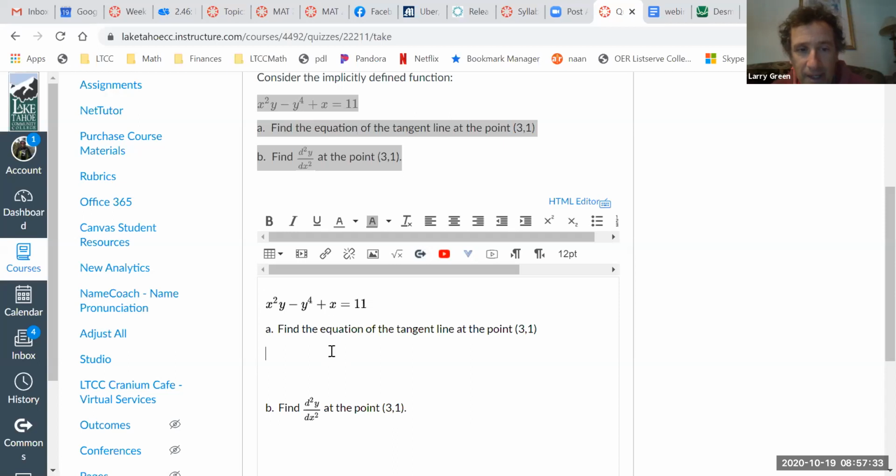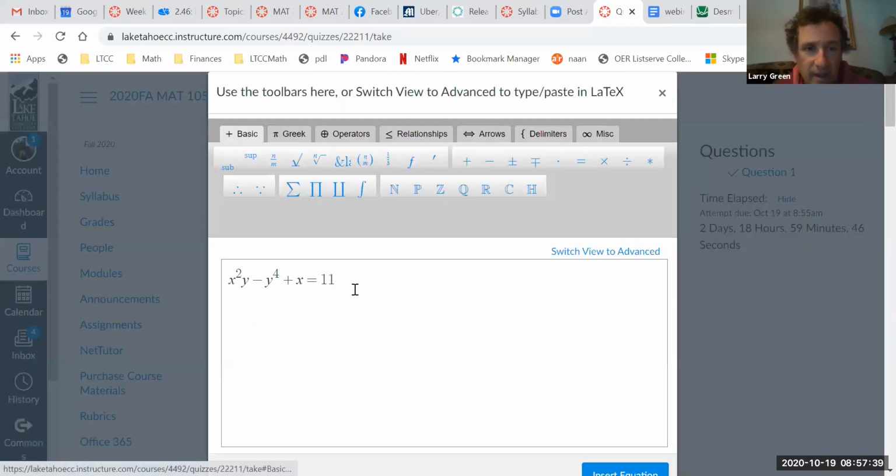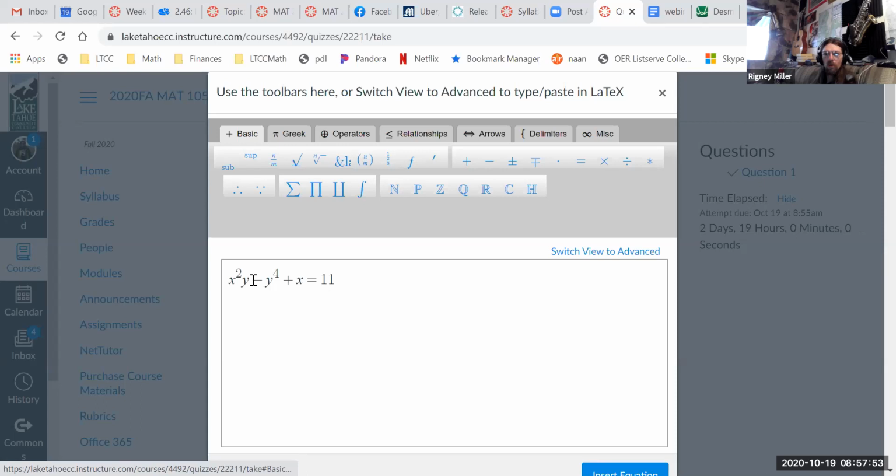So I'm going to copy it in. So let's take the derivative. So what we have is x squared y. What rule do we have to use to take the derivative of x squared y? Product rule. Yep, product rule.